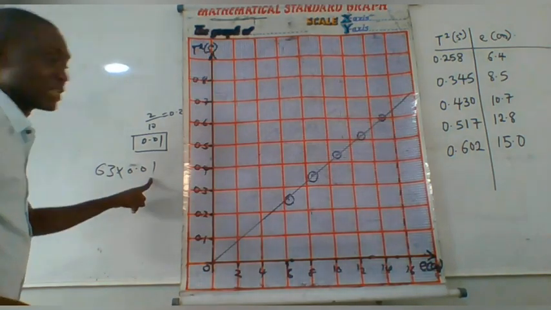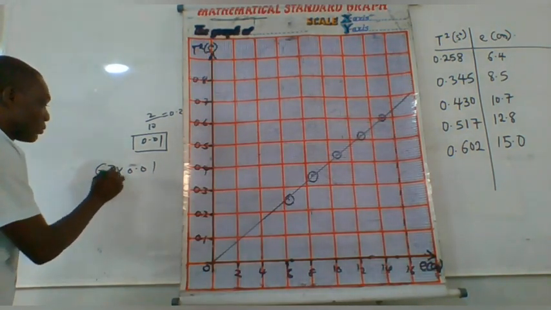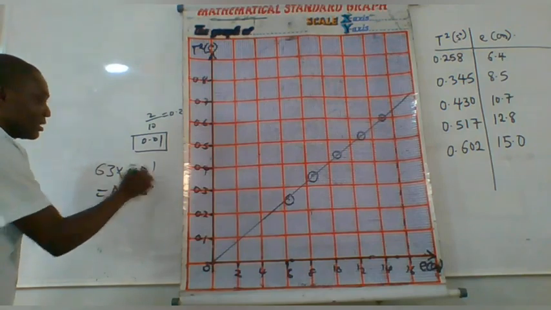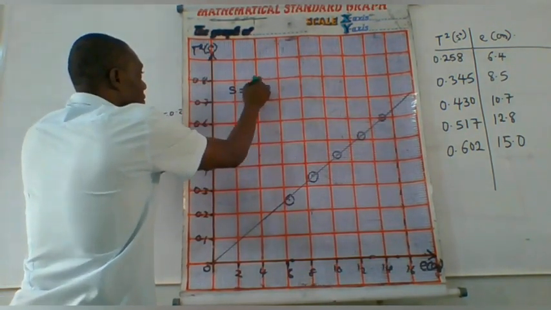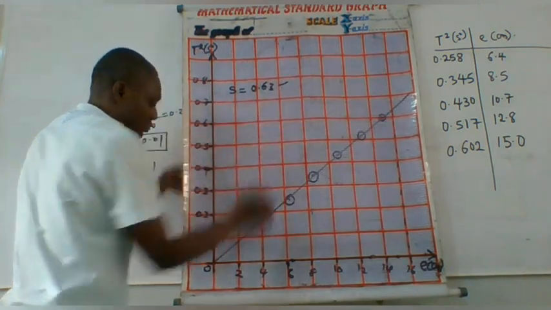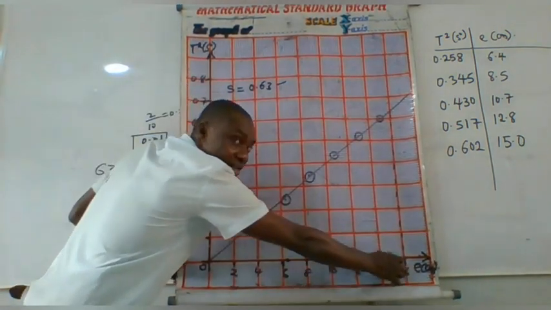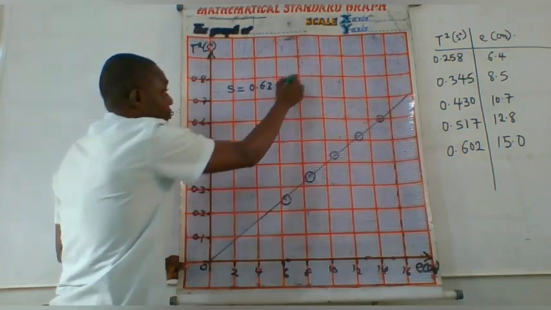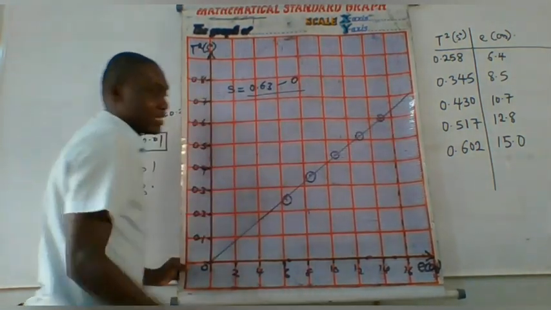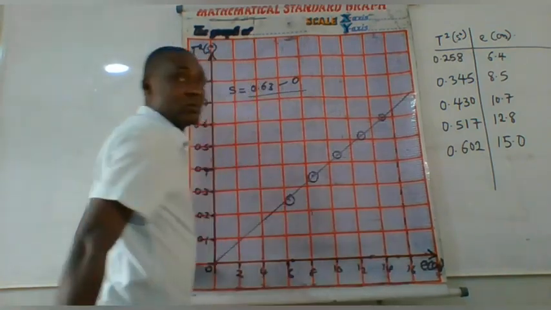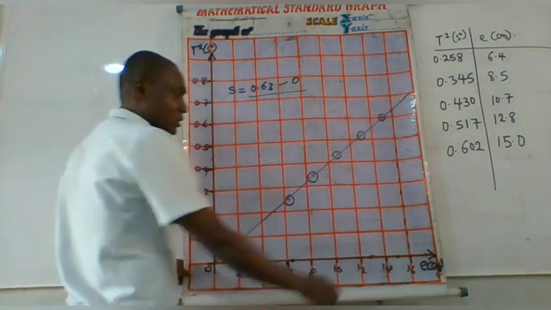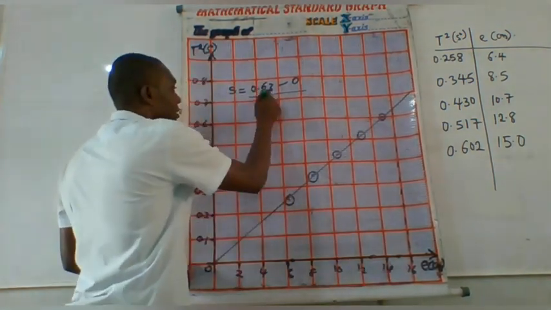When you multiply this by 0.01, this is going to give you 0.63. So that's my top part. So my slope S is going to be 0.63 minus, because I drew this to the x-axis, this becomes 0, minus 0, divided by, so let's get the horizontal part of it. So this is 16.